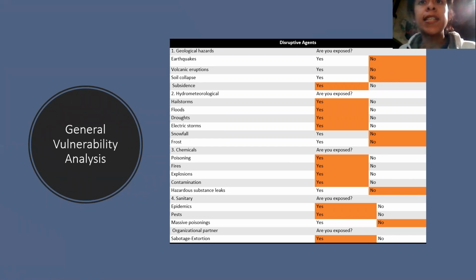In that table, you can see the types of risks as well as determine if the business is exposed or not. The orange color refers to whether the answer is positive or negative.